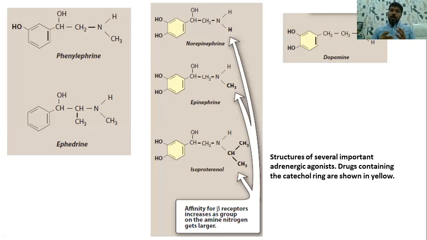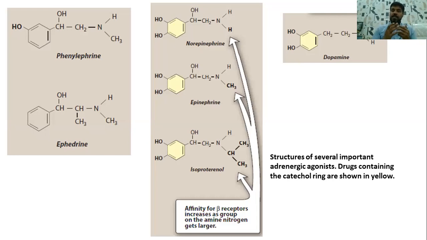So when we talk about adrenergic agonists, it is very important to talk about the catecholamines. What do we mean by catecholamines? Catecholamines are not a wide range of chemicals, sorry, it is a specific kind of medications. These medications are characterized by two hydroxyl groups bound to the benzene ring.